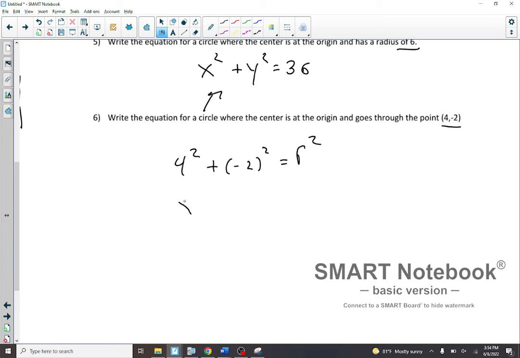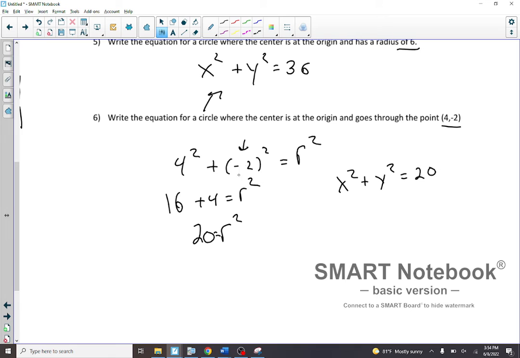So this is 16 plus 4 equals r squared. Remember, negative 2 squared is positive 4. So this should be 20 for r squared. But remember, I don't actually need to know the square root of 20. I just need an equation. So x squared plus y squared equals 20.